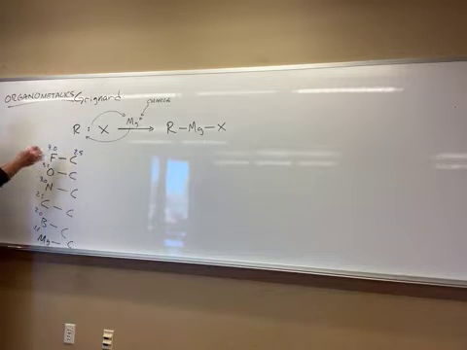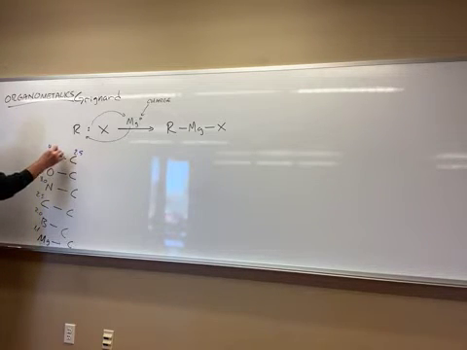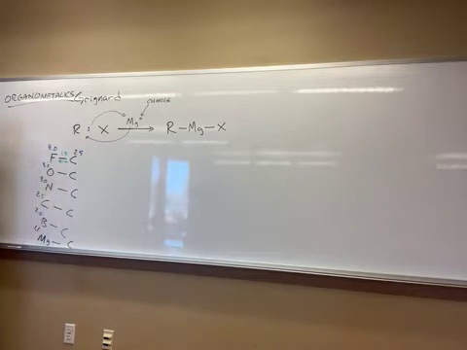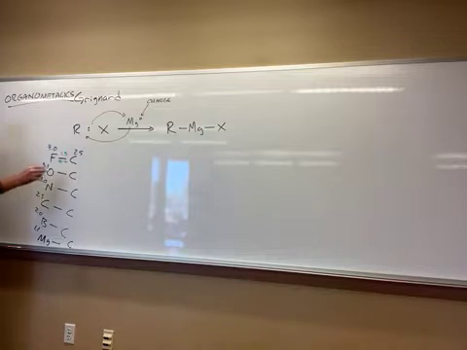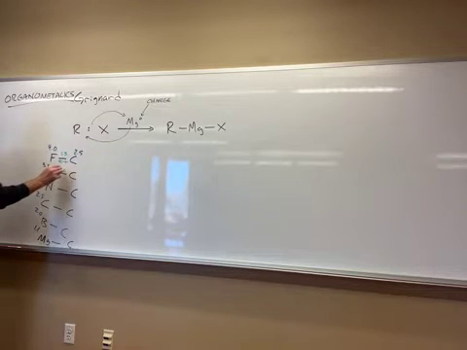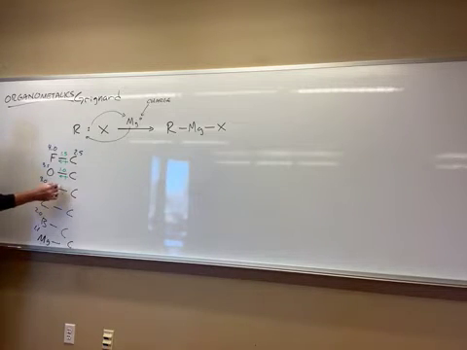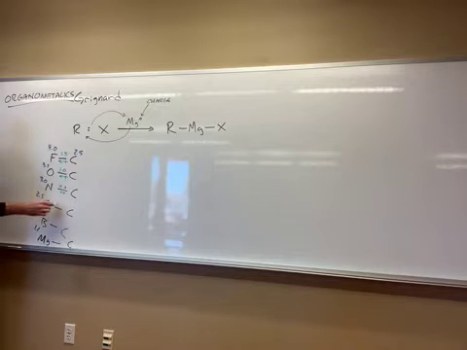My delta EN here is 1.5, meaning this bond is really moving towards fluorine. This bond is 1.0, meaning again it's moving towards oxygen. This one is 0.5. This one is 0, so it's purely covalent.